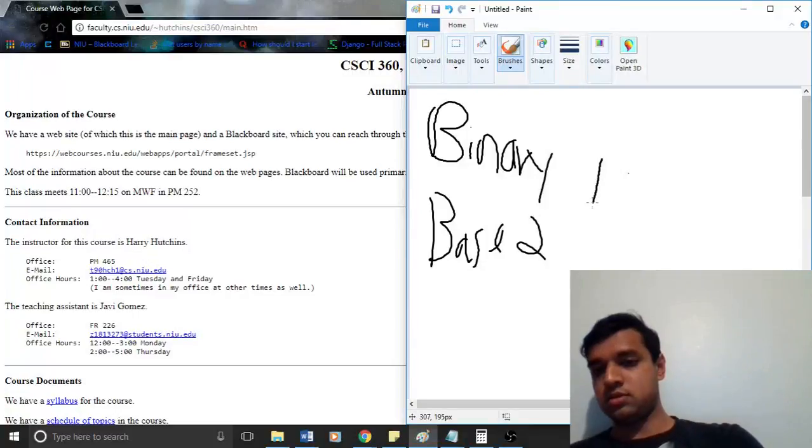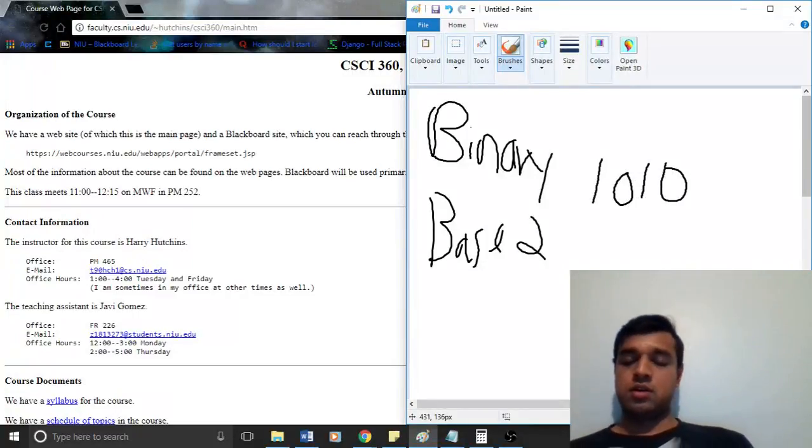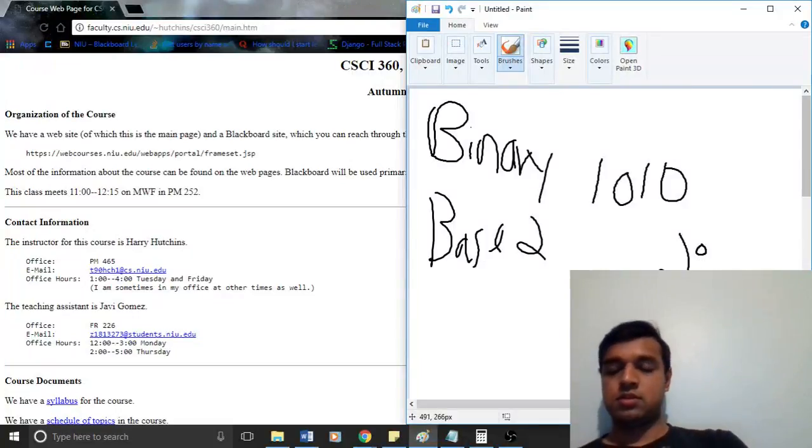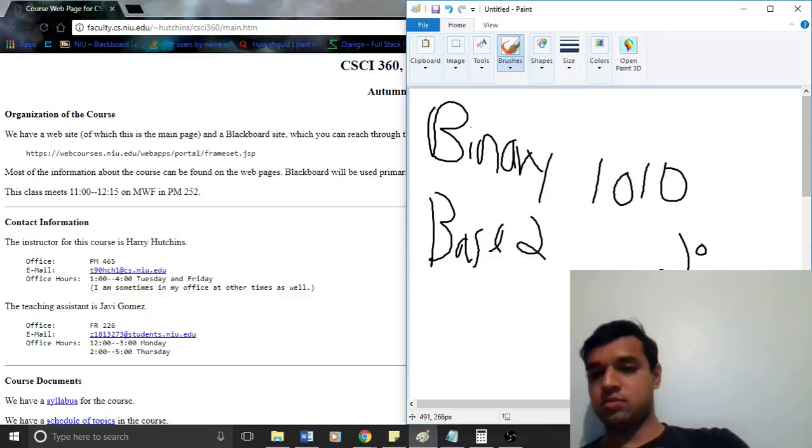So let me give you an example of binary really quick. 1, 0, 1, 0. Binary number systems are also known as ones and zeros. They start with 2 to 0, and the next one will increase by 1 exponent each time.